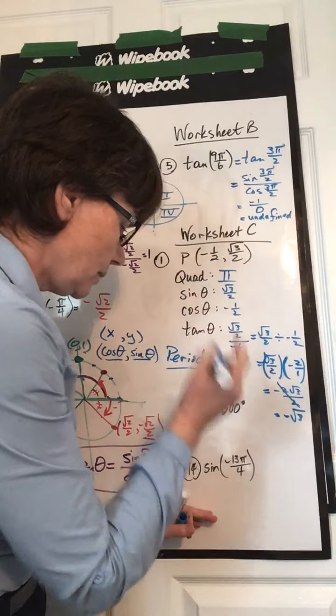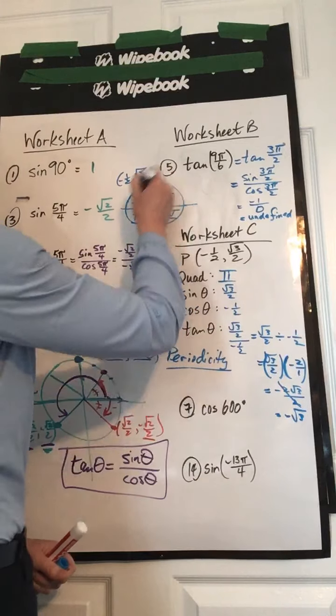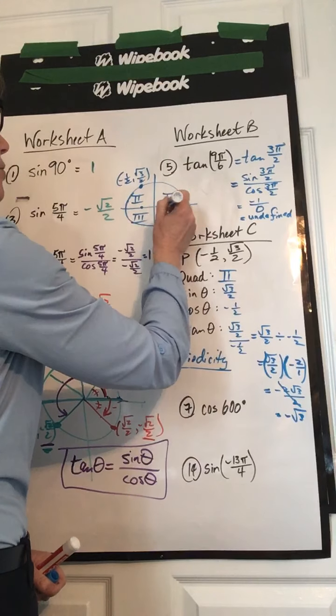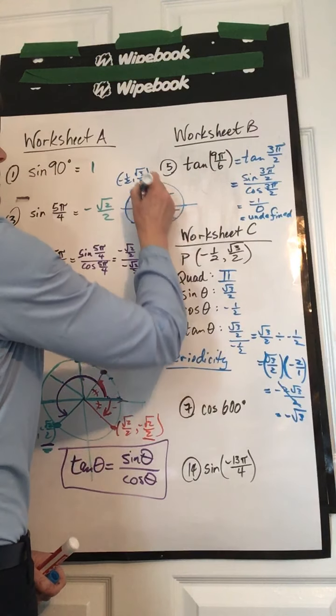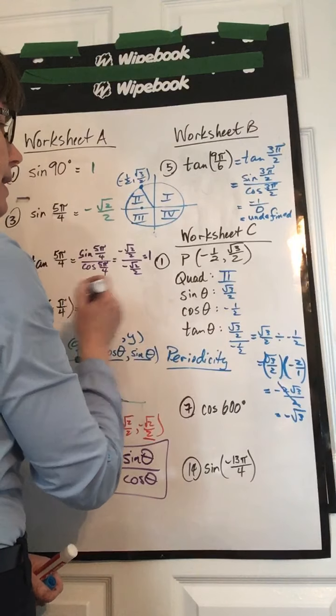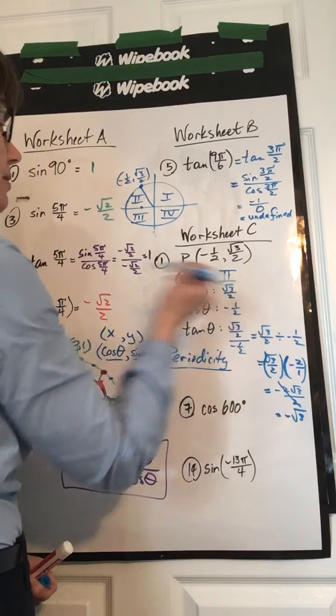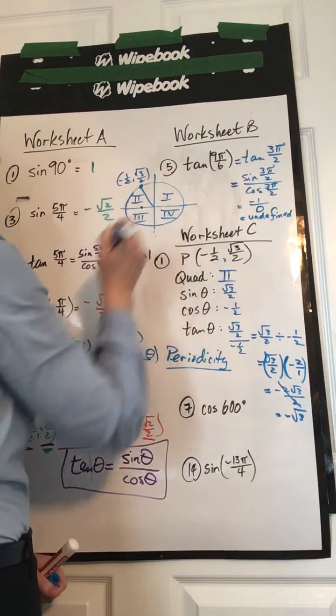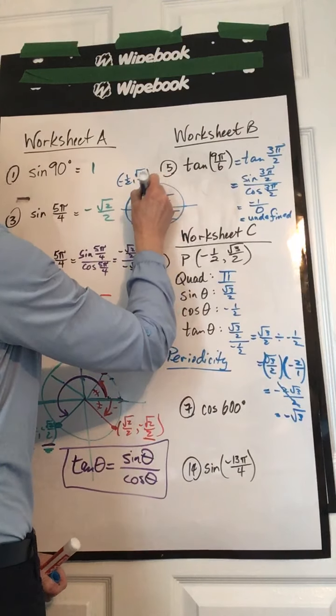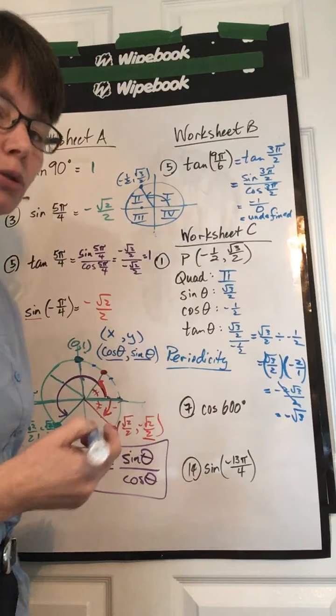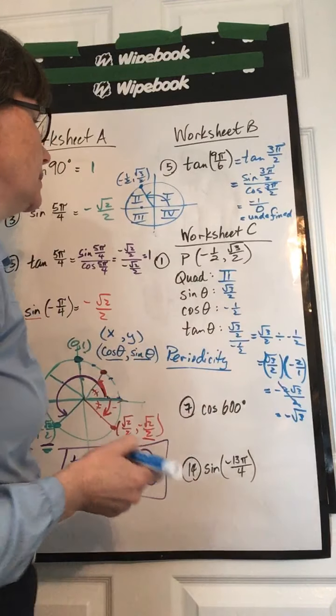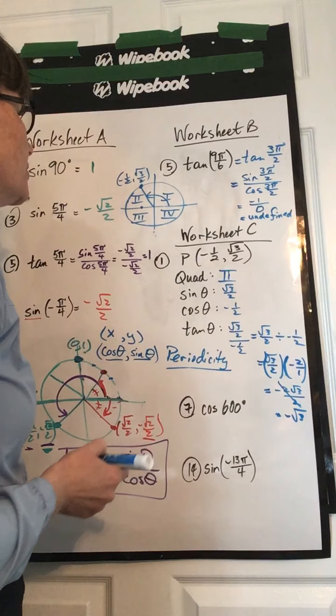So in other words, if I have this unit circle here, and this point from the last point we just talked about in number 1, what angle is this? It's 2 pi over 3, or 120 degrees.